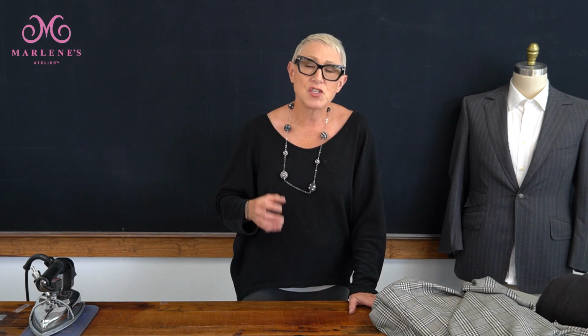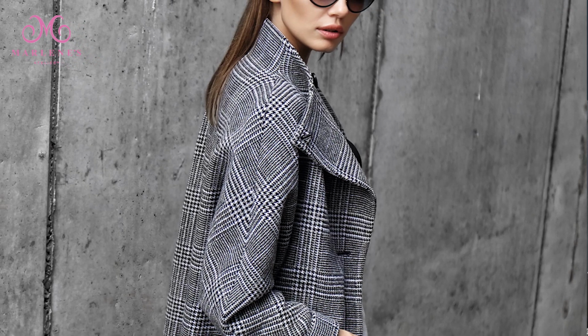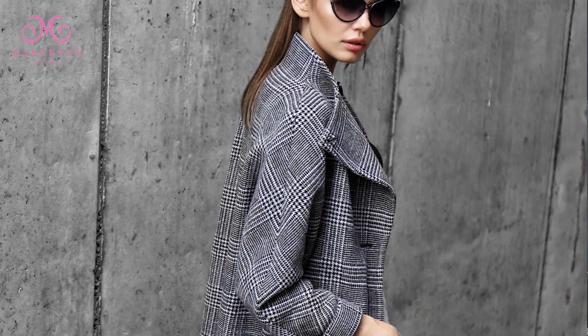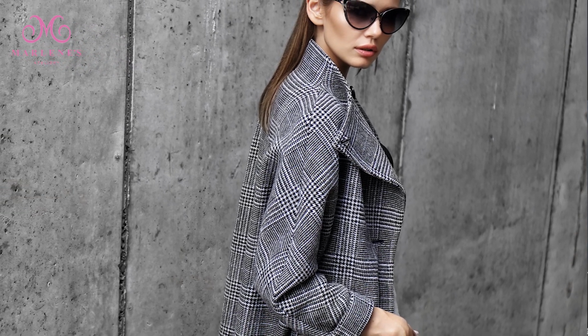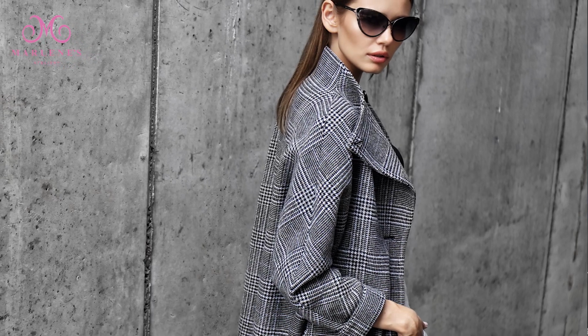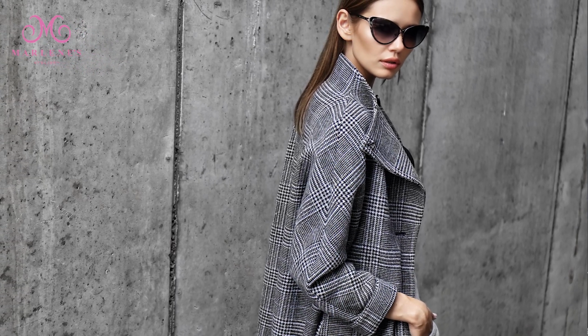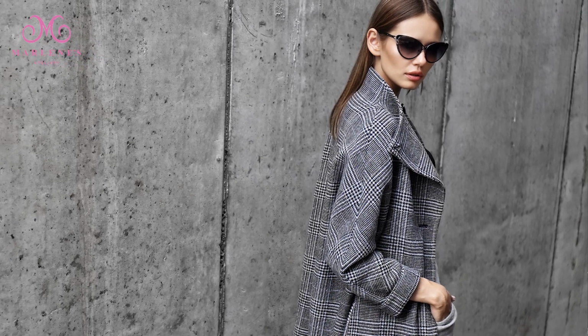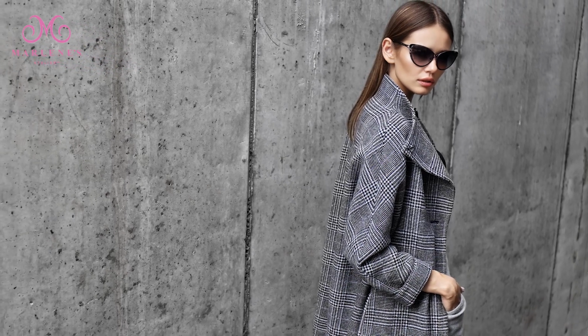The other thing that I don't like about this coat is it has a built-in raglan sleeve. So in other words, the sleeve is literally patterned into the front of the jacket and it's all one piece. Same with the back. And they come together through, in this particular case, a seam that runs through the top of the sleeve and the bottom. I don't want that look.